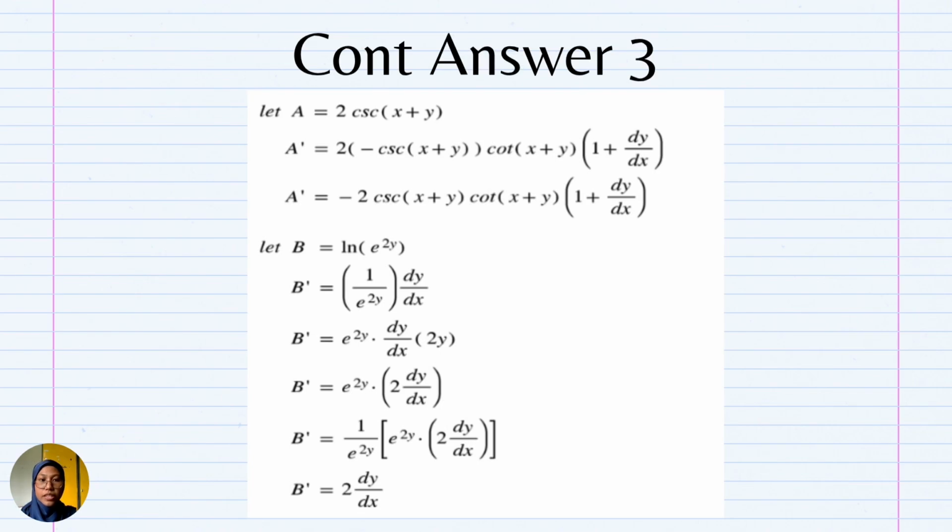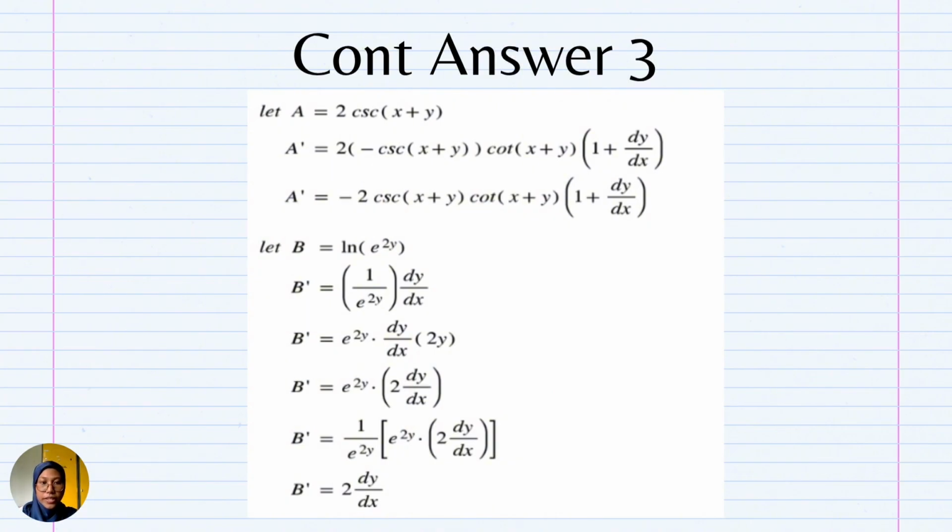For let a, 2 cosec(x + y), we use the chain rule because it contains x plus y. After differentiating, we get negative 2 cosec(x + y) cot(x + y) times (1 + dy over dx).